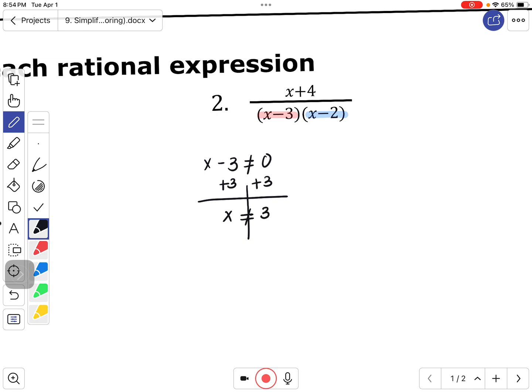I'm going to do the same thing with my x minus 2. x minus 2 cannot equal 0. To get rid of minus 2, I say plus 2, and I get x cannot equal 0 plus 2, which is 2. So x cannot equal 3, and x cannot equal 2.